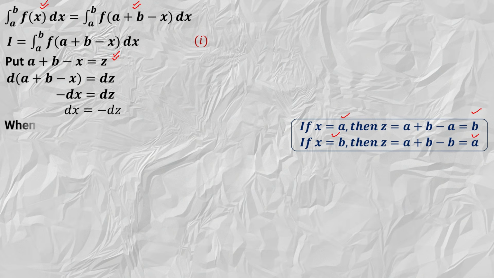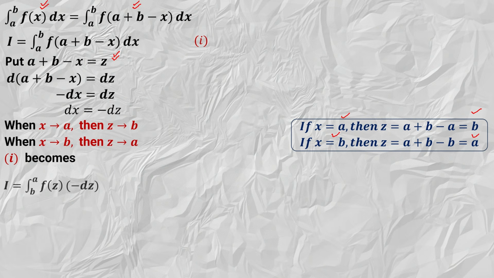So after changing the limits, we get the expression 1 to become integral from b to a f of z minus dz. Here the limits of integration have been changed. A plus b minus x has been replaced by z and dx has been replaced by minus dz.